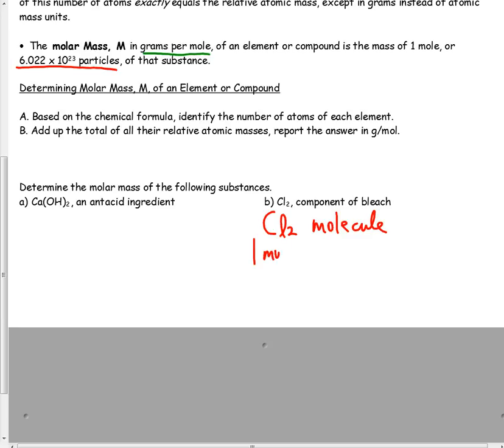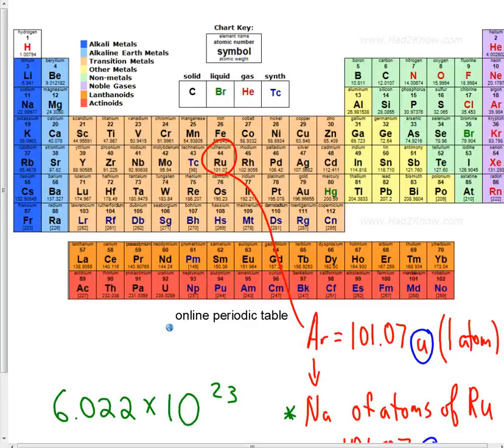So when we're considering 1 mole of these molecules, a mole of chlorine gas would be capital M, with a subscript for the chemical formula, and we would say that there are 2 atoms of chlorine, and each atom of chlorine has a relative atomic mass of 35.453.